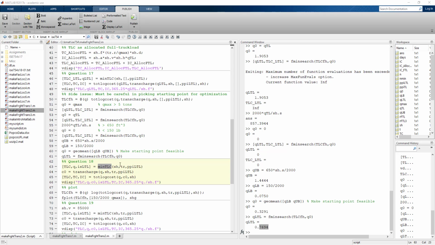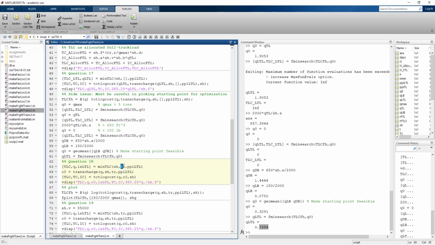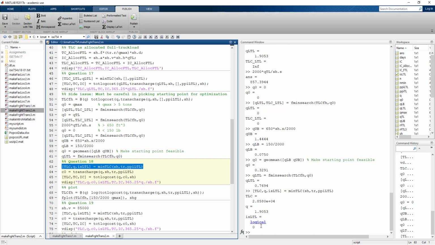For question 18, how should the product be shipped? For that one, we can just call minTLC with both the truck and the PPI value, so it's going to take the best of the two. And in this case, we can return a third argument that will then tell us, as a logical variable, whether LTL or truckload was selected. When we do this, we get 0, so basically false, so it's not LTL, it was shipped truckload.